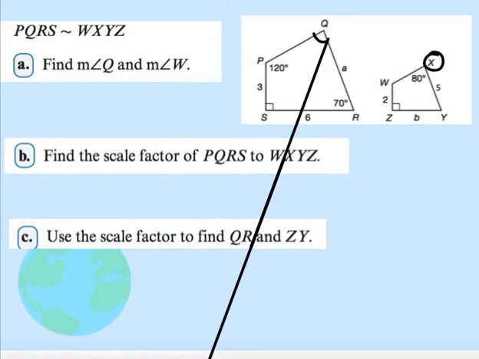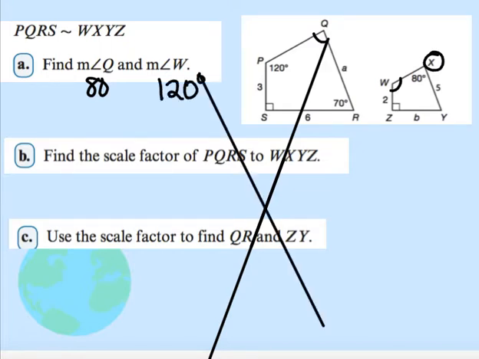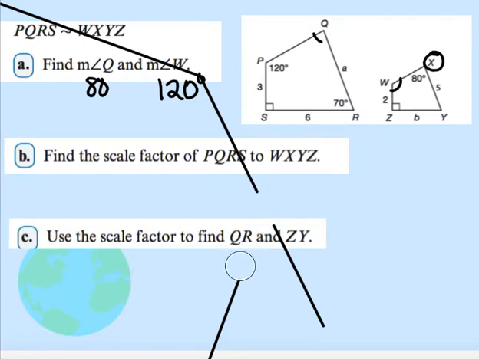So the measure of angle Q is 80. And the measure of angle W corresponds to the measure of angle P, which is 120. So we have these angles now.